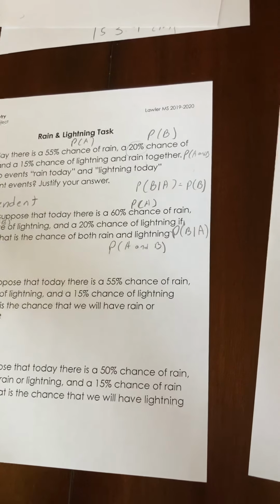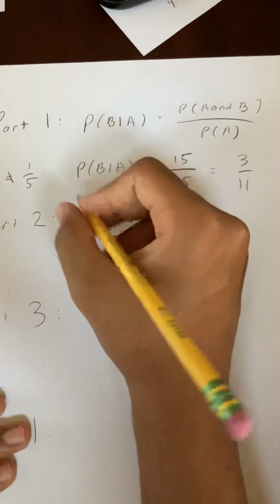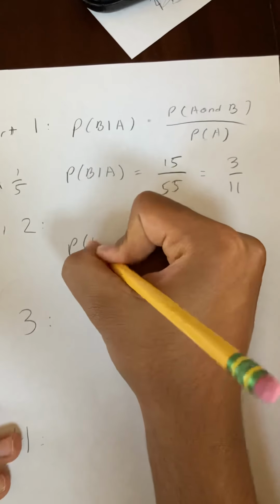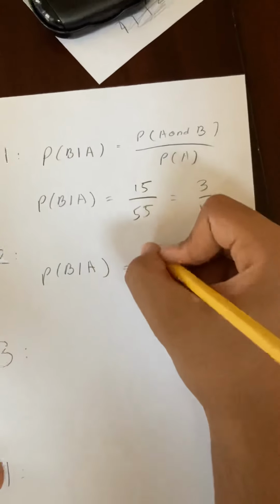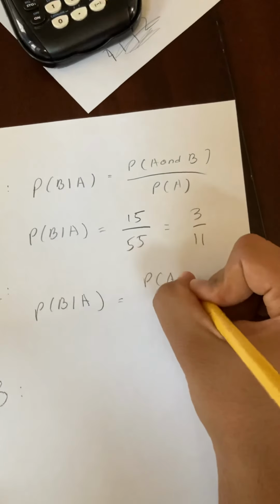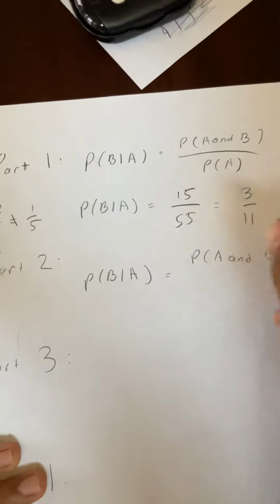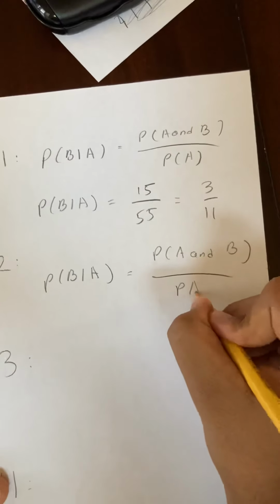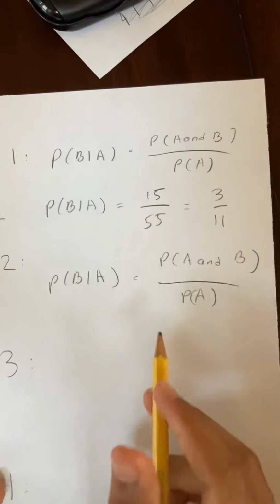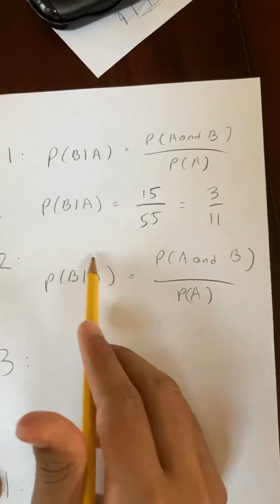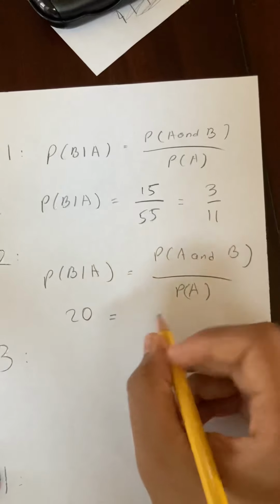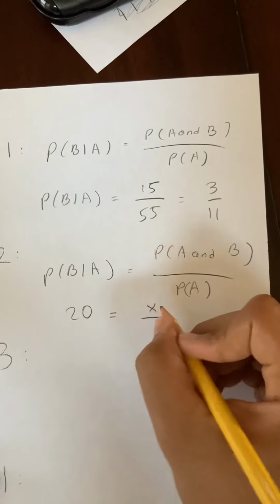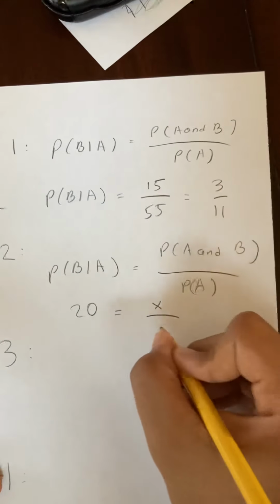Well, we can apply the same formula as before. This time we have different numbers. So the formula is probability of B given A is equal to the probability of A and B over probability of A. Now let's plug in what we know. We know the probability of B given A is 20%, and we know that the probability of A is 60%.